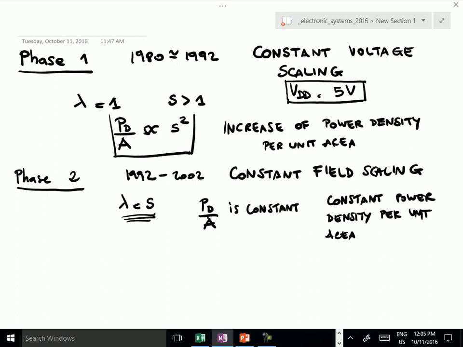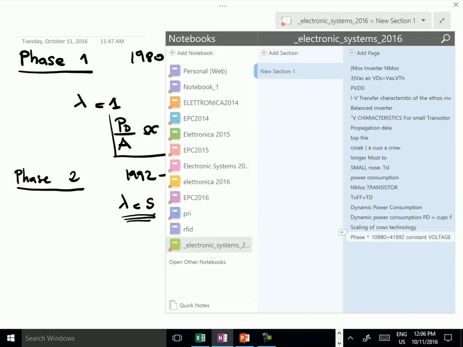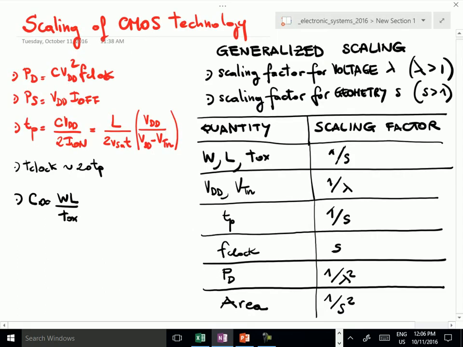The total power consumption of the microprocessor is constant, but of course you have a significant improvement in performance, because the number of logic gates scales as s squared, because the area goes as 1 over s squared, and the clock frequency is increasing. It is at the same time scaling as s.